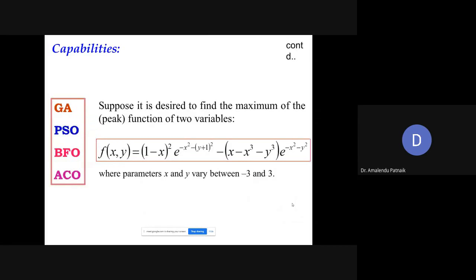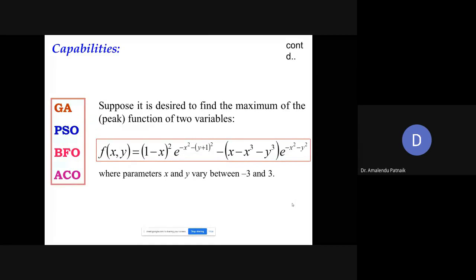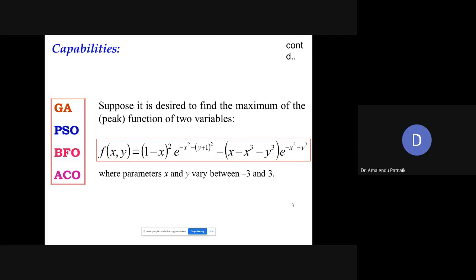All others, like genetic algorithm, particle swarm optimization, bacteria foraging optimization, ant colony optimization, those techniques, as the name indicates, mostly these are optimizers. So optimization problems can be solved using these techniques. Here is an example, the same example that we have studied earlier. You have a function of two variables, and the range of the variables are given.